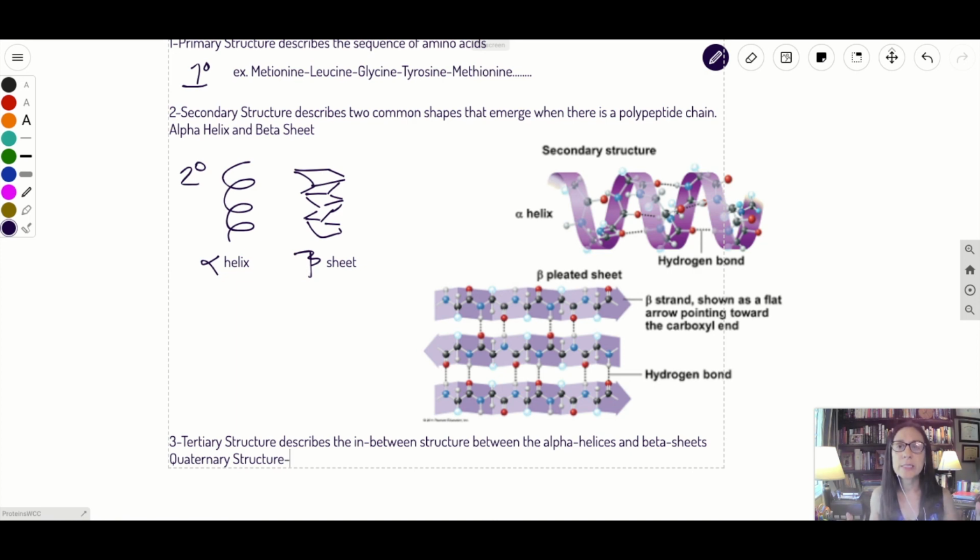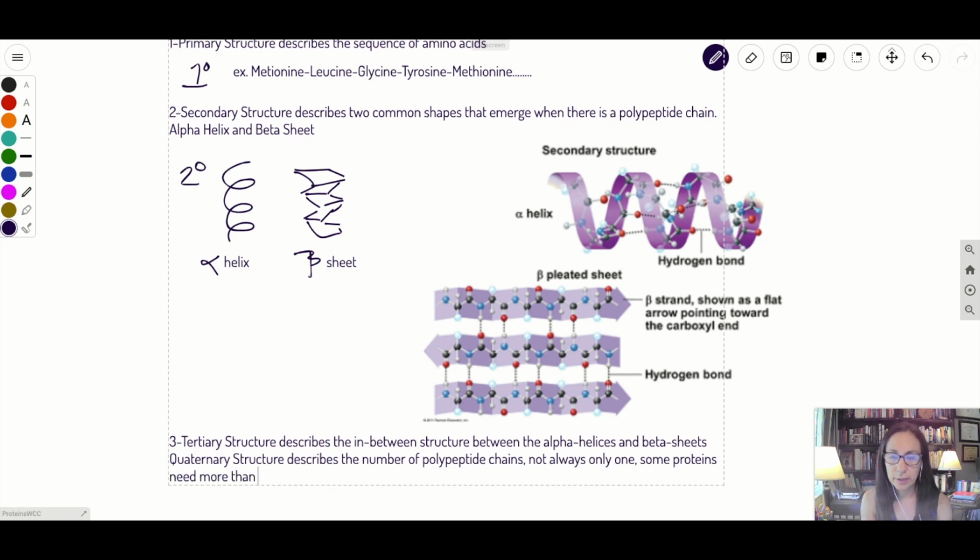Some proteins need more than one polypeptide chain that get folded up differently and come together to make a functional protein. So quaternary structure describes the number of polypeptide chains. Some proteins need more than one piece to be functional. Okay, and I'm going to show you an example of that.